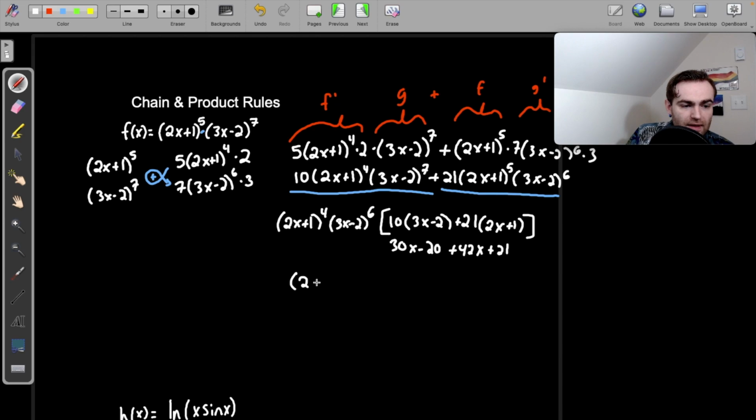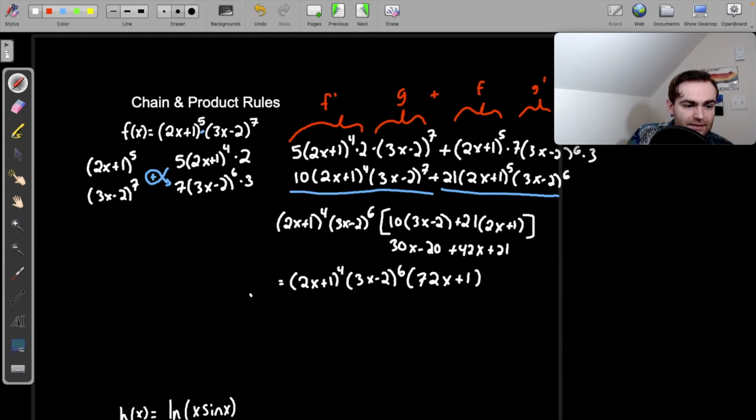So we have, as a final answer, (2x plus 1) to the 4th times (3x minus 2) to the 6th times, and if we add the like terms, we should end up with 72x plus 1.